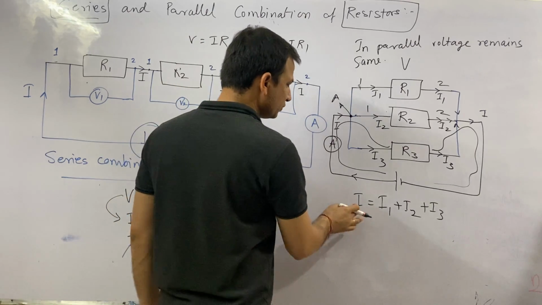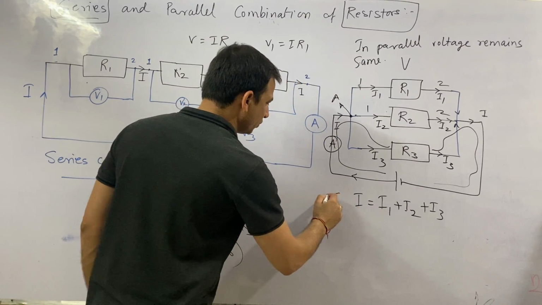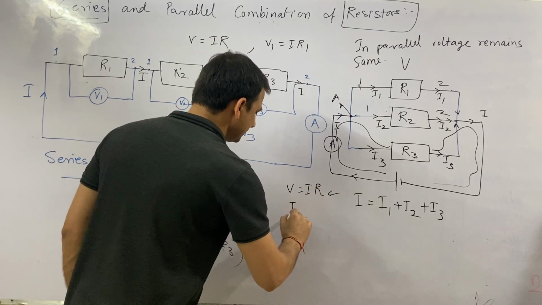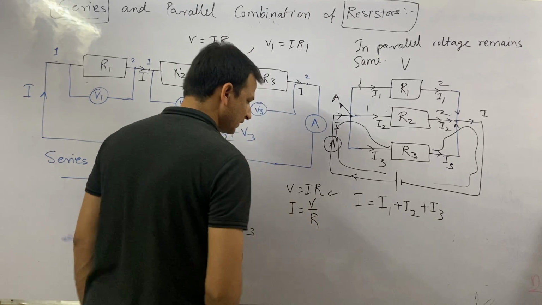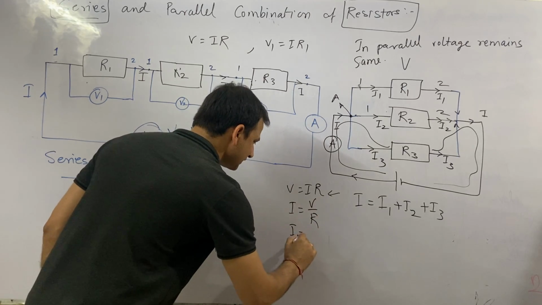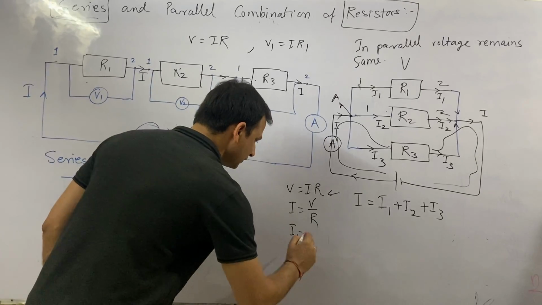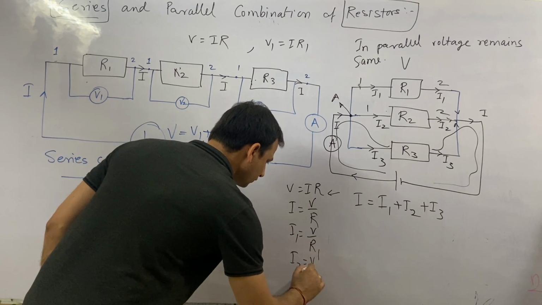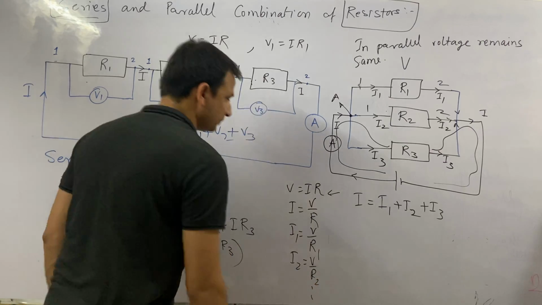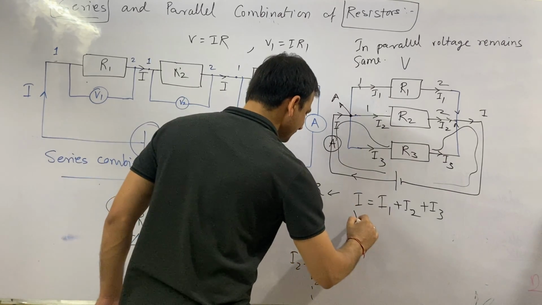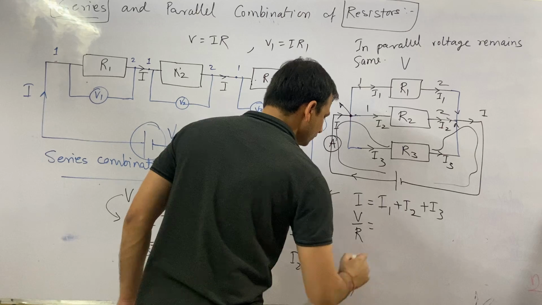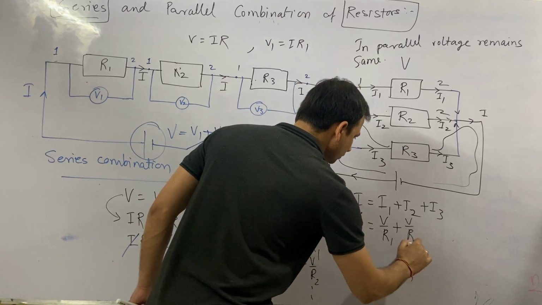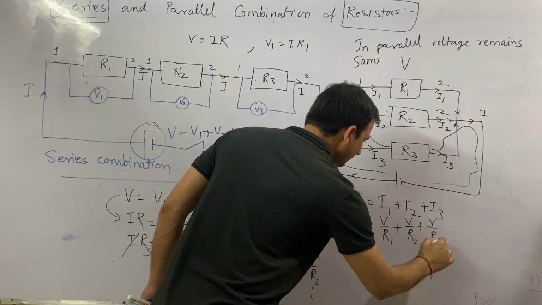So now again, by using Ohm's law, I can write, because Ohm's law says that V is equal to IR, so I is equal to V by R. Similarly, I1 is equal to V by R1 and I2 is equal to V by R2 and so on. So I can write here V by R is equal to V by R1 plus V by R2 plus V by R3.